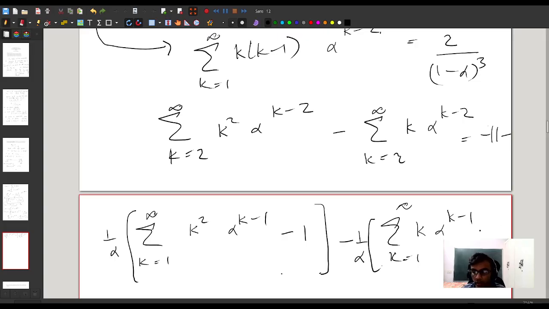Since we have already written that, it will become minus 1. Let me check if everything is correct.